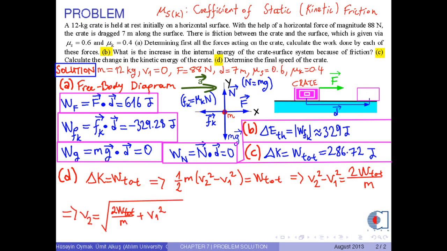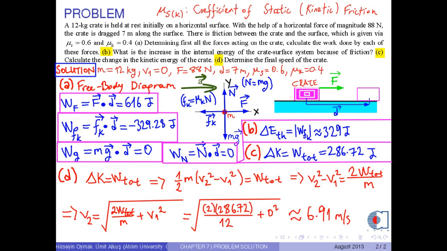Then we find an expression for the final speed v2 as square root of 2 times total work over mass plus initial speed squared. With the corresponding numerical values, we determine the final speed of the crate as approximately 6.91 meters per second.